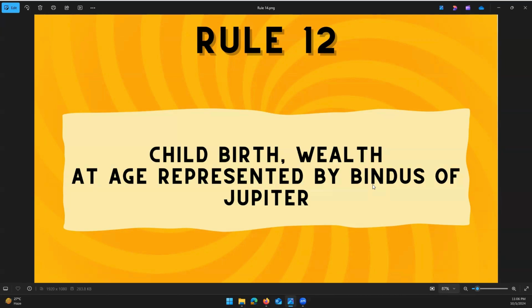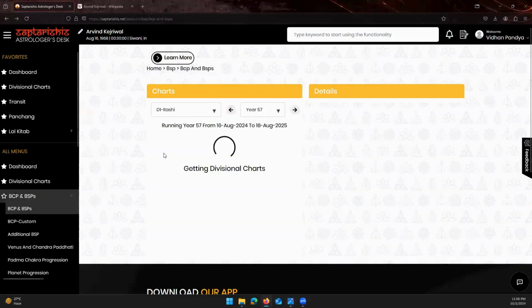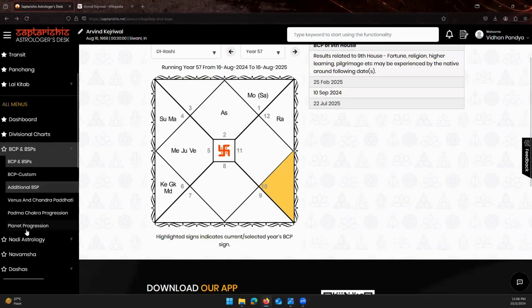So these karakatvas will come into play during that particular age. If we go back to the Arvind Kejriwal chart, Jupiter is in the fourth house. So we have to see the number of Sarvastakvarga Bindus in the fourth house.